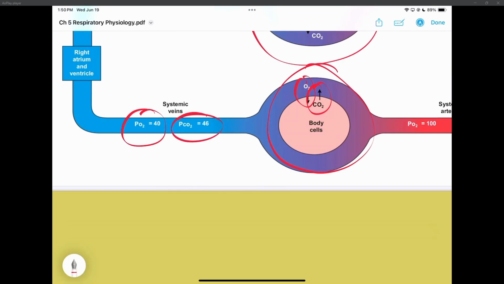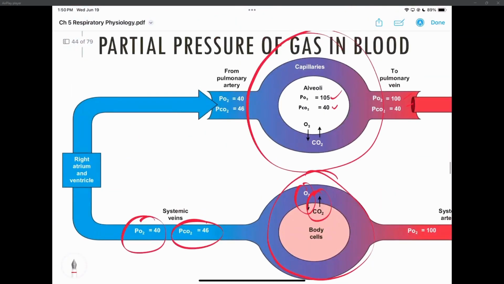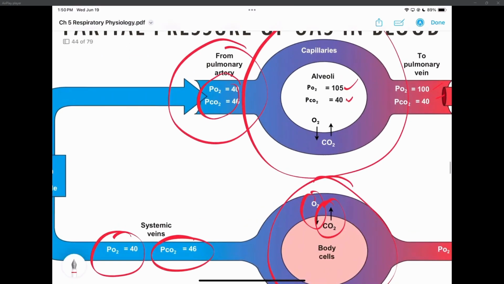Because in all cell respiration, we produce CO2. It's going to build up. Obviously on the venous side, which takes all the waste products, CO2 rises, so that when we finally get back to the lungs, we have the appropriate setup where we have PO2 at 40, PCO2 at 46.